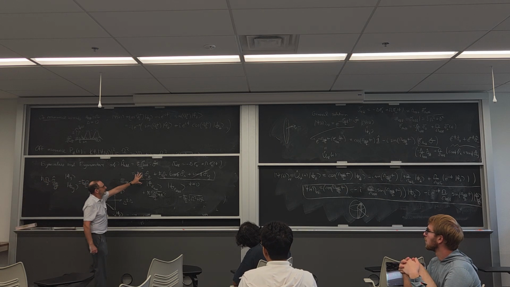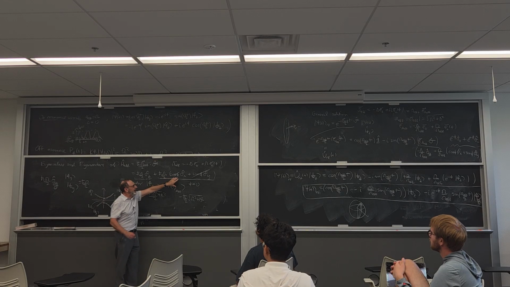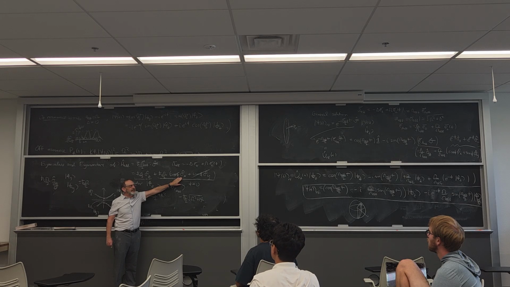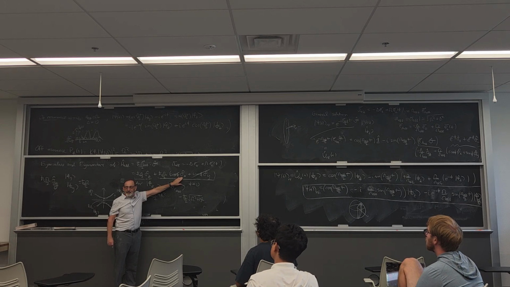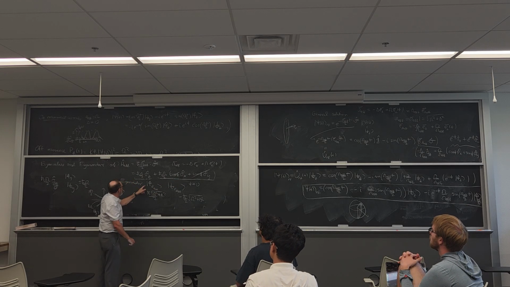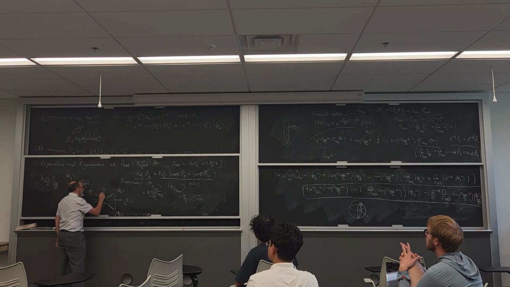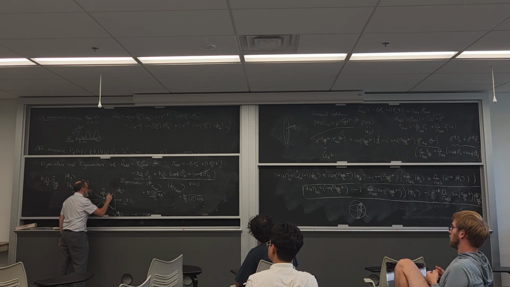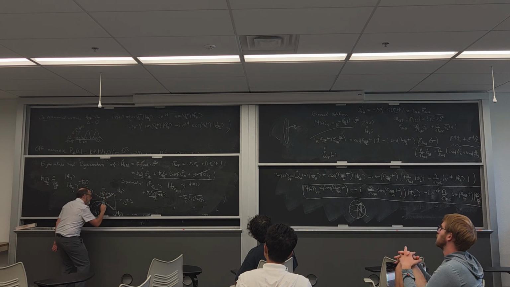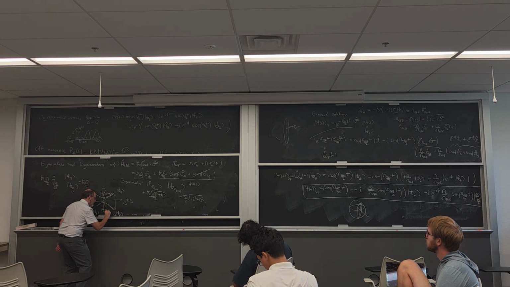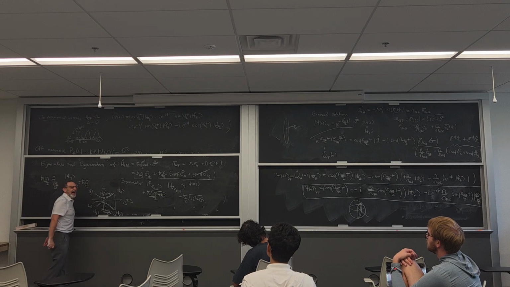So when delta is 0, what are the eigenvectors of this Hamiltonian? Spin up and spin down along what direction? X. Okay. Yeah, because spin up and down along X. So the eigenvectors here, when I'm exactly on resonance, are spin up along X, that, and spin down along X, that.